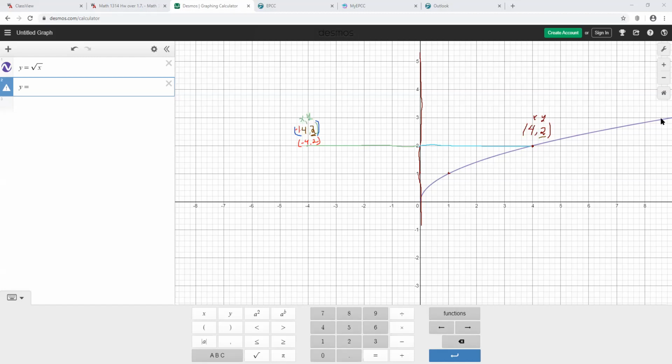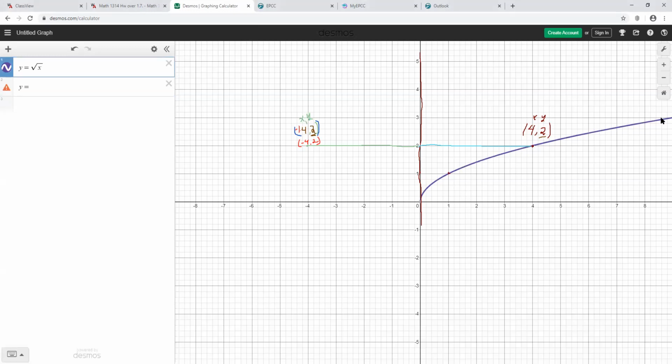I wish I could just, right here, over here is 9, 3. And if I slide this, then my scribbling is going to get messed up. But right there is just a tiny bit more. So if we take the point, let's just pretend it's right here, and it's 9, 3.